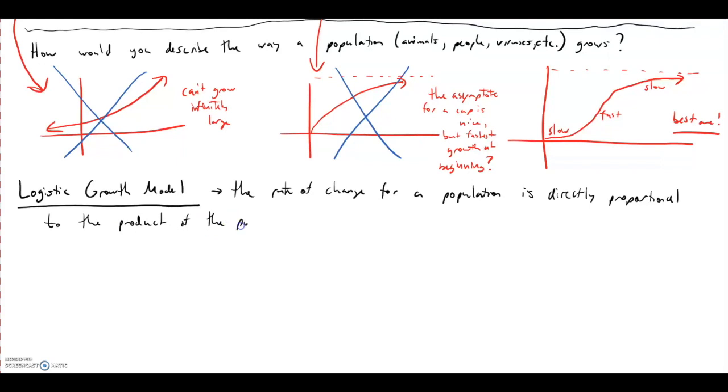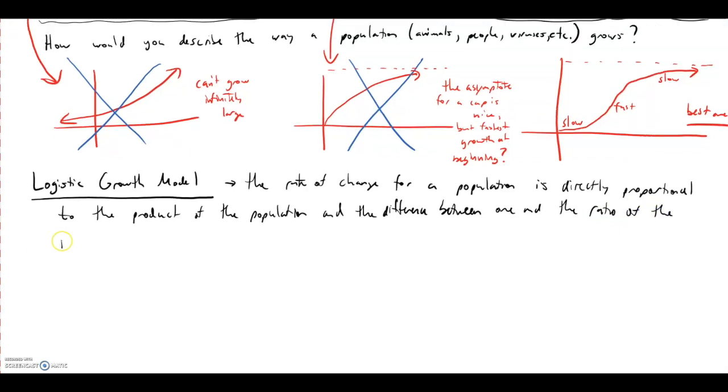The rate is directly proportional to the product of the population itself and the difference between the number 1 and the ratio of the population to what we're going to call the carrying capacity. And the carrying capacity is going to represent the maximum population that is possible, or if this changed to decay, the minimum that's possible.